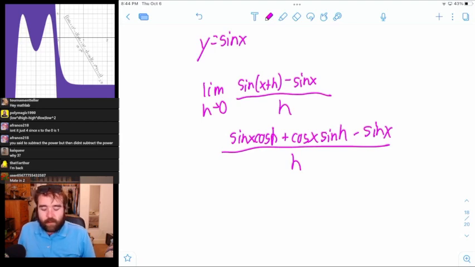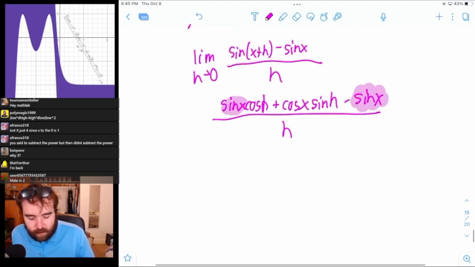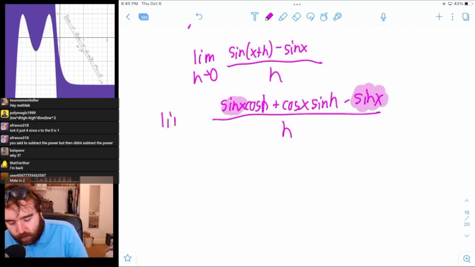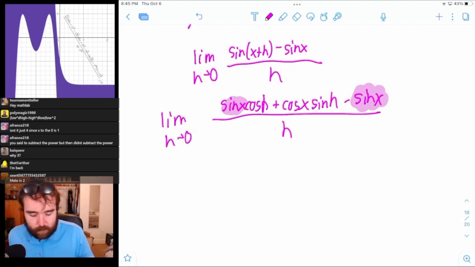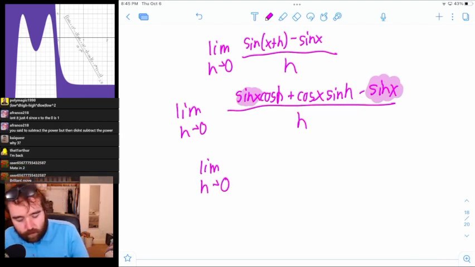So the point of this is... What is the point of this? That's a good question. Well, I'm looking at this. Now keep in mind, I don't really know what to do here. But I see that there's a sine of x in both of these. So I'm going to write this so that it's proper first. And then I'm going to try to rewrite this and factor out the sine of x.